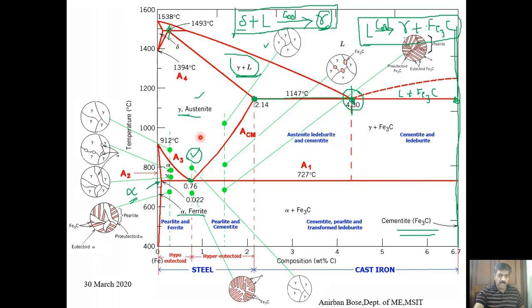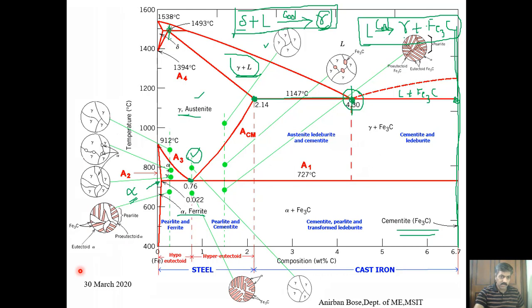Now here it is austenite, and here it is cementite. So basically at this position, alpha, austenite and cementite are in equilibrium. When the transformation takes place from here to here, it happens at a constant temperature.